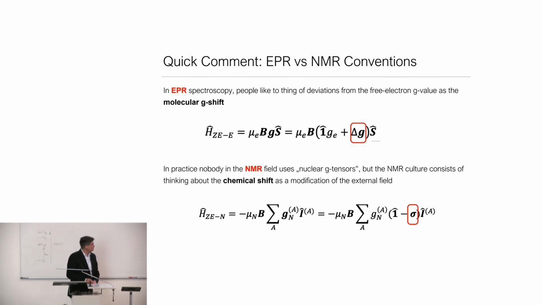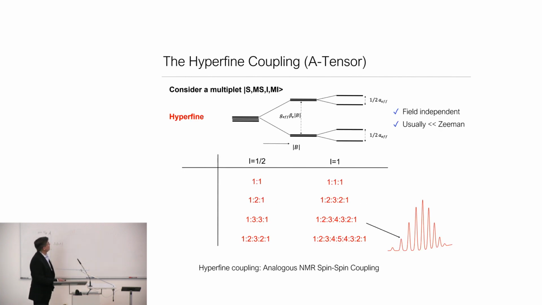That's just convention. Neither is better or worse than the other. It's just something you have to get used to when you discuss EPR versus NMR. But it's important to keep in mind that it's the same phenomenon that you're probing. It's the interaction of the magnetic dipole moment with the magnetic field.